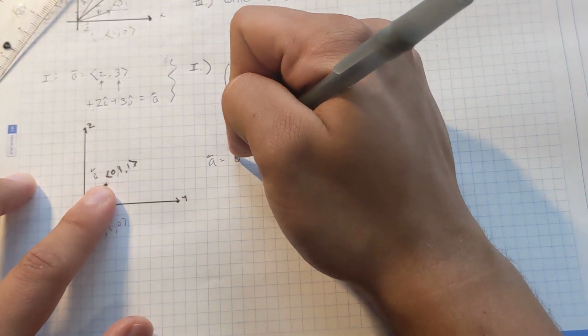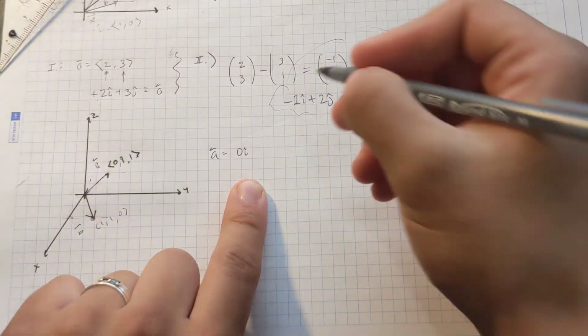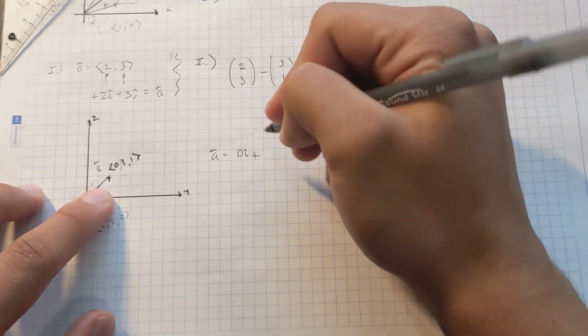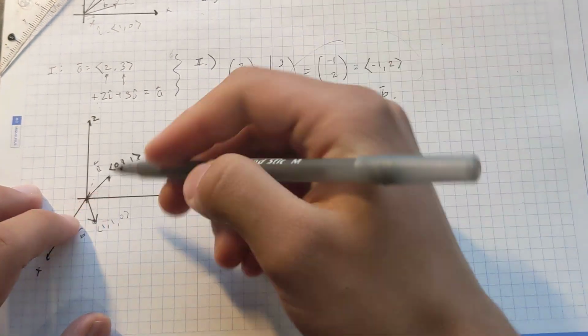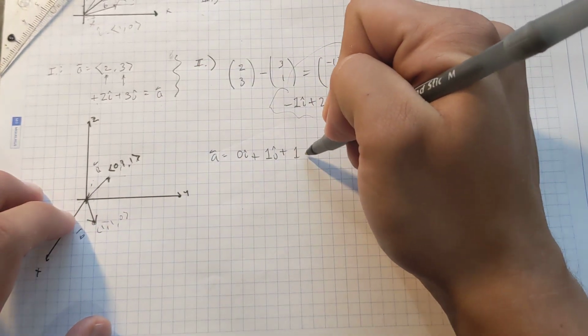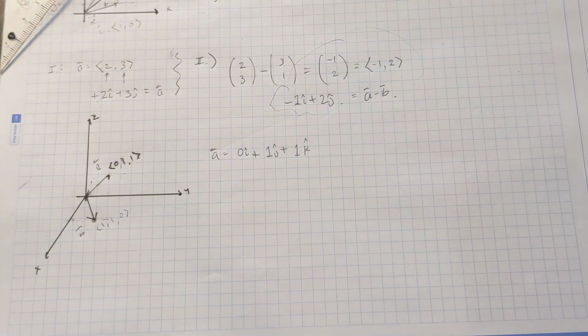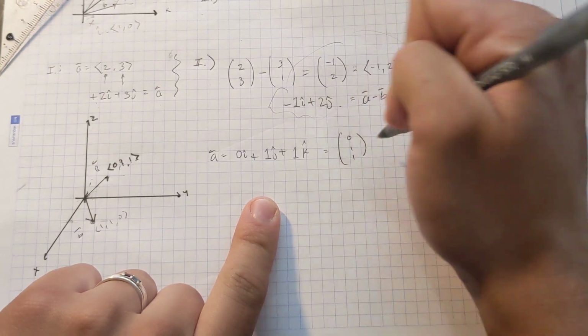So 0 i hat, and usually you can just not write that. You don't have to. Plus 1 in the y direction, which is what we call j hat, plus 1 in the z direction, 1 k hat, and that's our new basis vector that we will learn to play with. And again, we can write this as <0, 1, 1>.